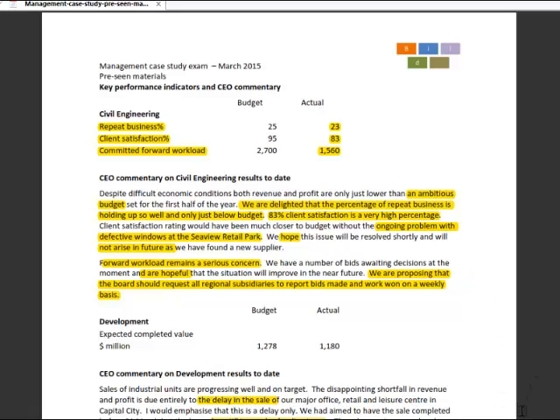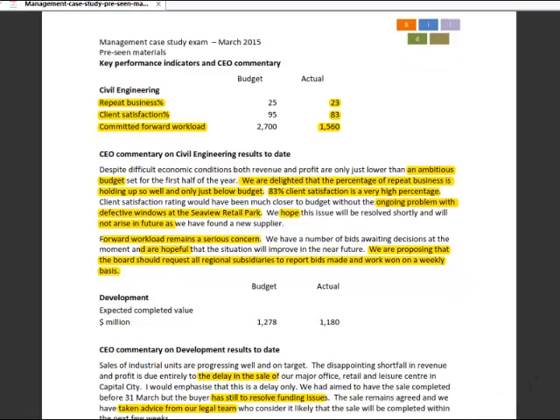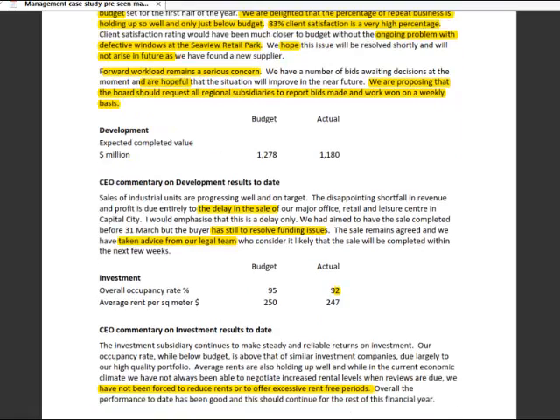So then we have a look at the development business, and what is the key performance indicator? Just one: expected completed value. What does it mean? It's impossible to know. It doesn't say anything about what speculative investments are being proposed and what sort of rules are in place to select them.